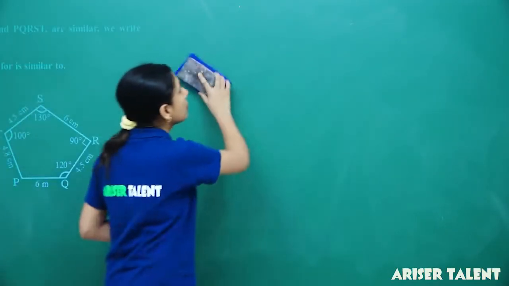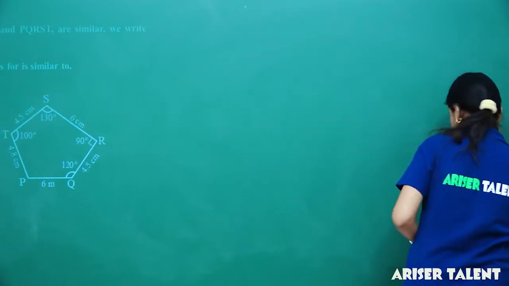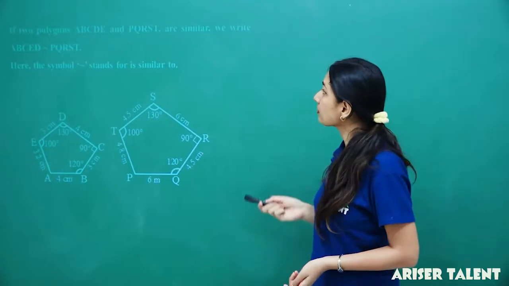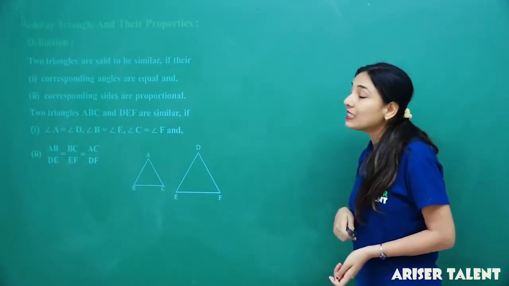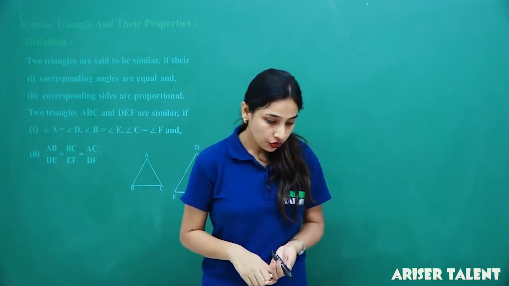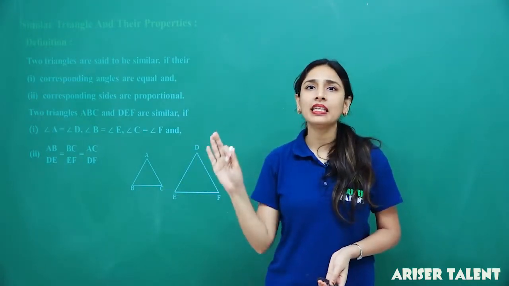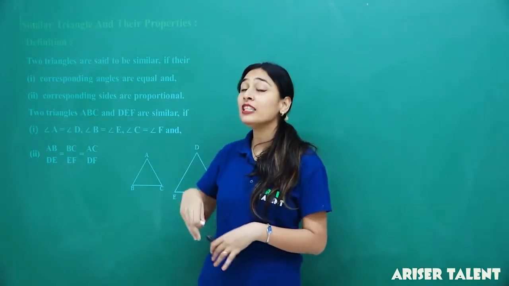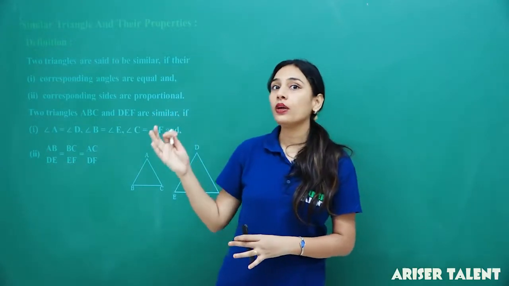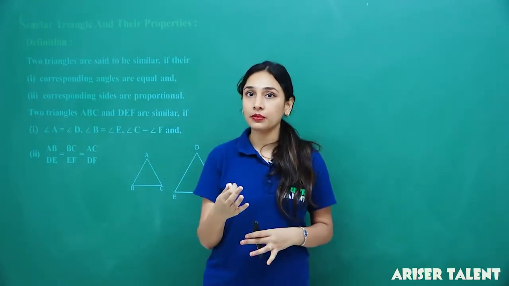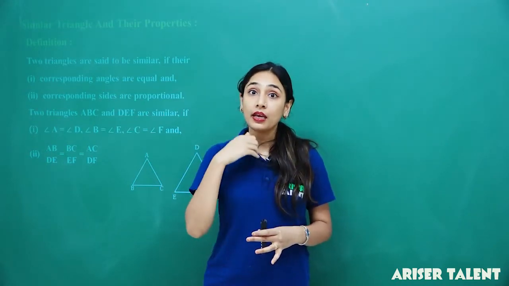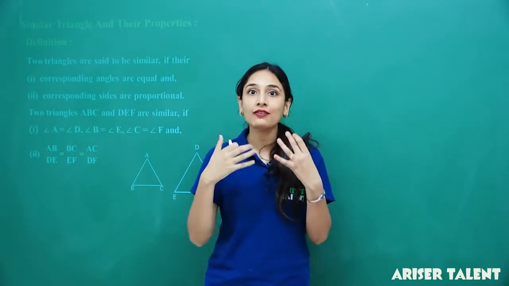Okay, students. Now, what's next? Similar triangles and their properties. Whenever we study something, let it be not only maths, let it be physics, chemistry and so on, we always use the properties, because if we are going to study something, we have to know it well.